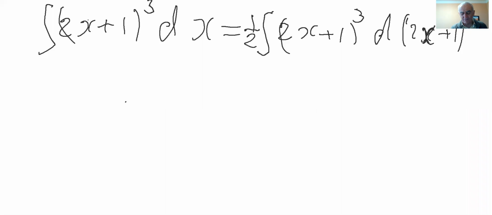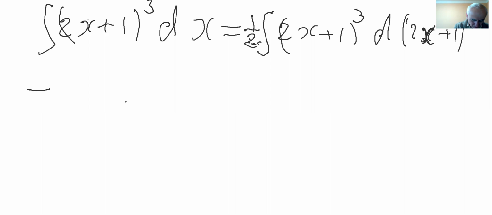The derivative of 2x plus 1 is 2 times dx. And this 2 will be divided by this coefficient 2, and these two expressions are really equal.